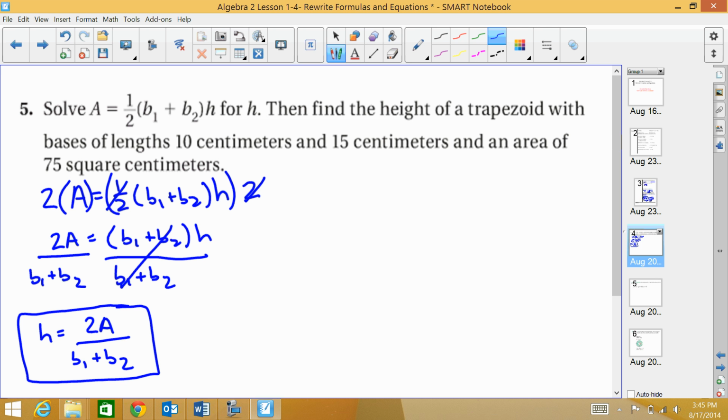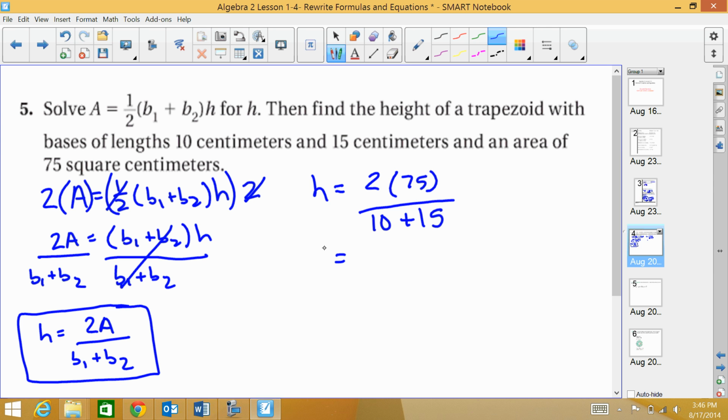Then it says find the height of a trapezoid with bases of lengths 10 centimeters and 15 centimeters and an area of 75 square centimeters. So we're going to plug all those values in. So we have h equals, and we have 75 square centimeters as A, the area. So I'm going to plug that in first on top. And then we have base 1 plus base 2 on the bottom, which would be 10 and 15 in this case.